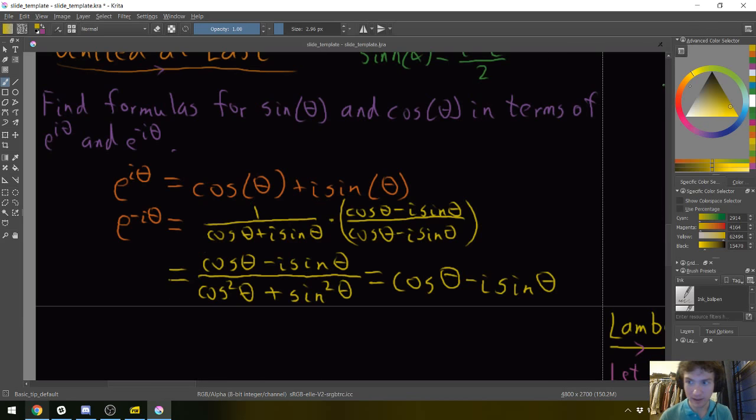The reason I was interested in the way that you did this is because I thought what you were going to do is say, oh, this formula is the same as the first one if I change the angle to be negative. So I thought you were going to copy this formula and say, oh, that's cosine of minus theta plus i sine of minus theta. And then you would remember, oh, but cosine of minus theta, by that mirror symmetry, is cosine theta, and sine of minus theta is minus sine theta.